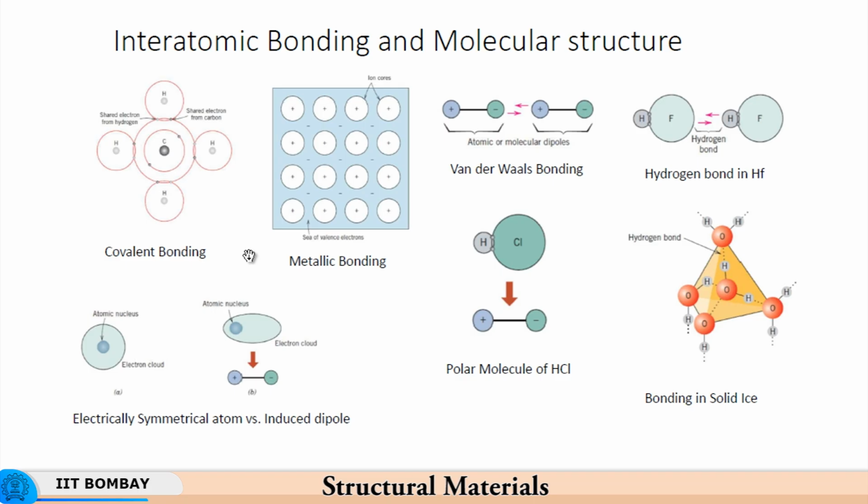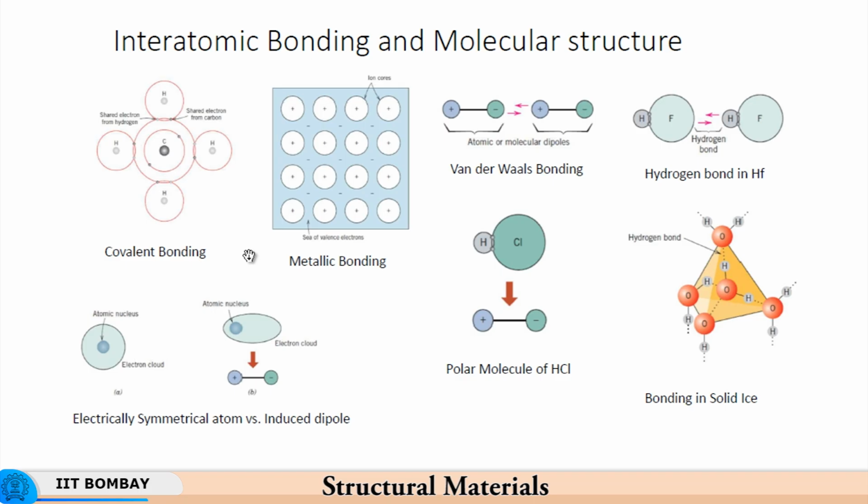Similarly, you have a covalent bond, particularly in polymers, where you have covalent bonds between carbon and hydrogen, and then these polymer chains, which are long chains, get entangled with each other, or get wound into different configurations. So, the strength is generated through covalent bonds, which are basically with carbon and hydrogen in case of polymers.